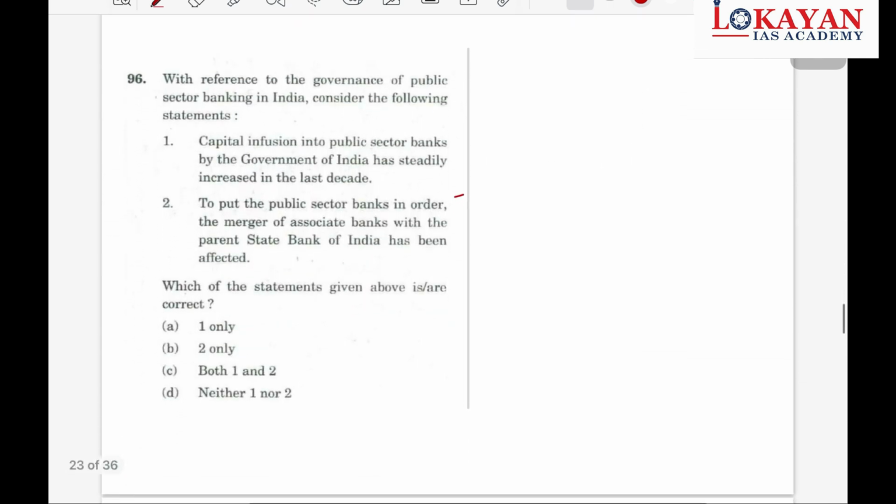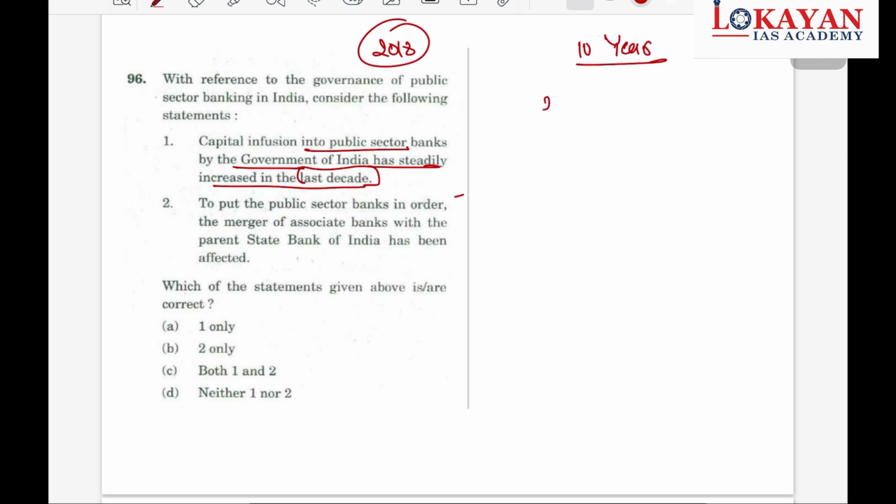This is regarding capital infusion in banks. The first statement is that capital infusion into public sector banks by the Government of India has steadily increased in the last decade. Last decade means a 10-year time period. This question was asked in 2018. Now imagine from 2008 to 2018.